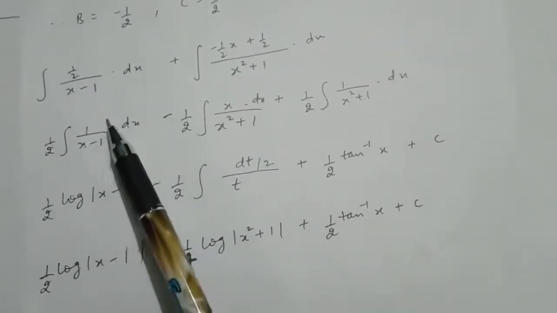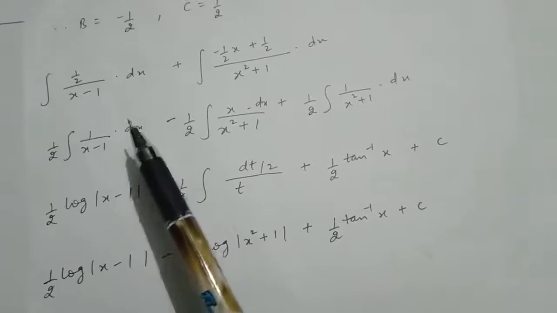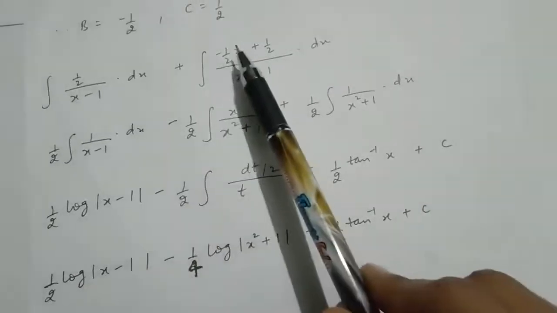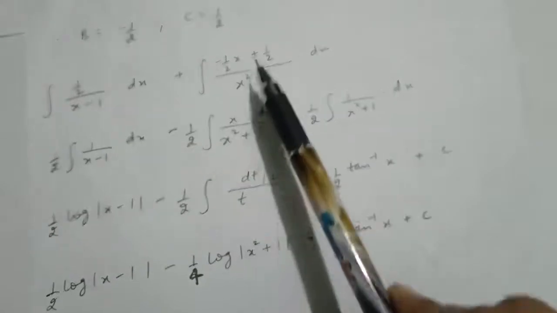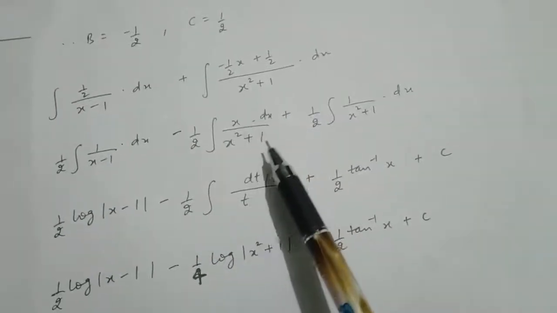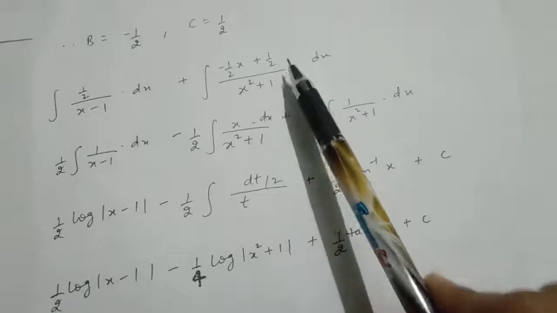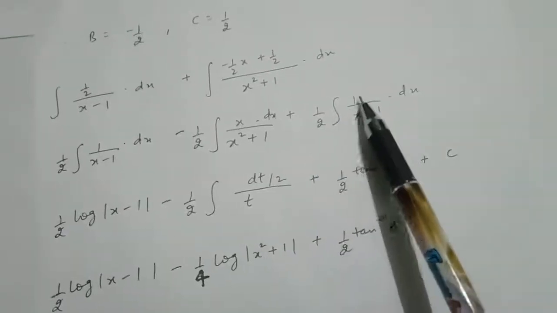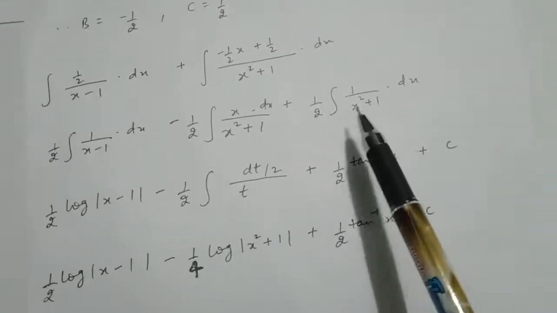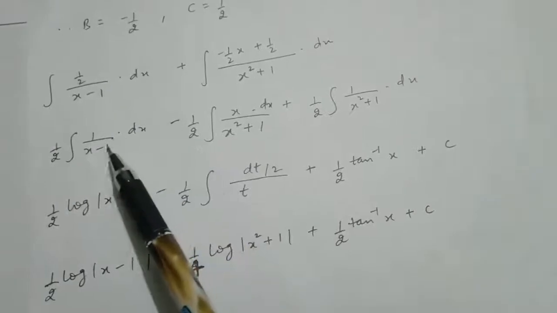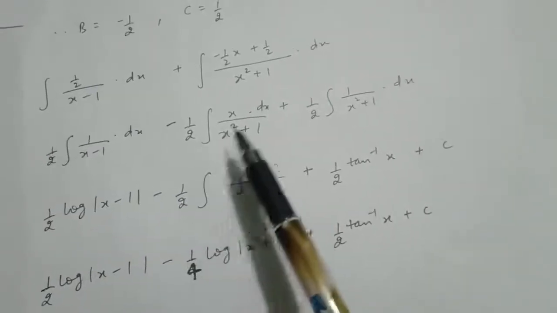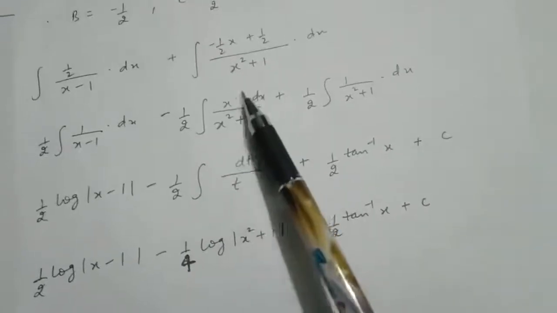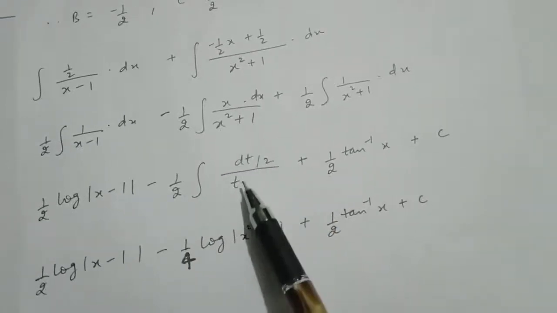So you'll get the integral of 1 upon (x minus 1) into dx, minus 1 by 2 outside the integral of x upon (x square plus 1), plus 1 by 2 outside the integral of 1 upon (x square plus 1). Now the integral of this will be log mod (x minus 1) minus 1 by 2. Now see, to solve this integral, let x square plus 1 be t.